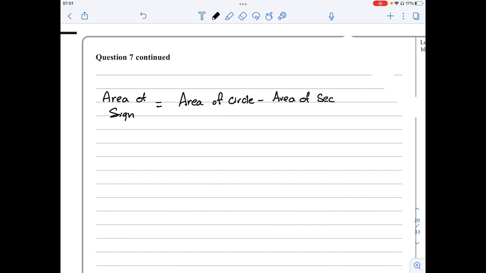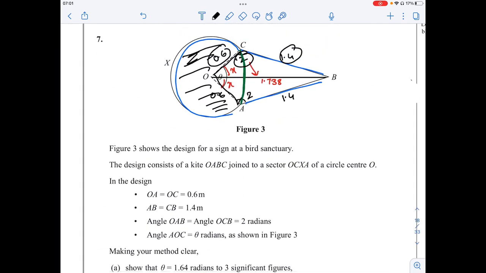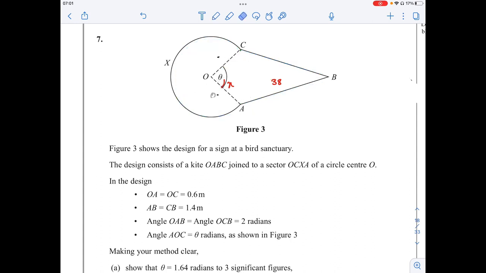If I find the area of the circle minus the area of the sector, I am going to get this particular part. Then I will be adding the area of the first triangle and the area of the second triangle. So let me clear up all these diagrams and make it much clearer. I take the area of the circle minus the area of the sector, which gives me the area of this one.